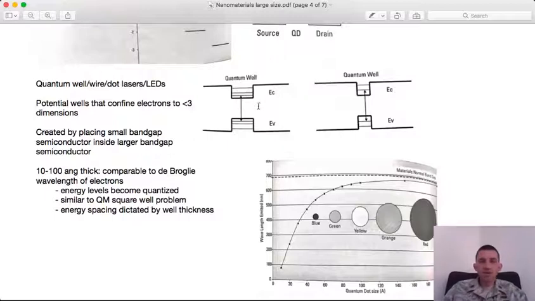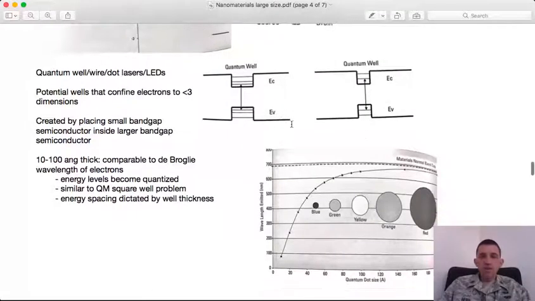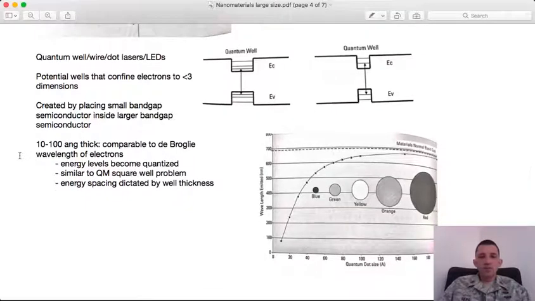Inside that potential well, you have these discrete energy levels. And so if you make a semiconductor device that has these layers on the nanoscale, then this quantum nature asserts itself, and you can make transitions between these bound states in the valence band and the conduction band, which allows you to control the optical output of your device.